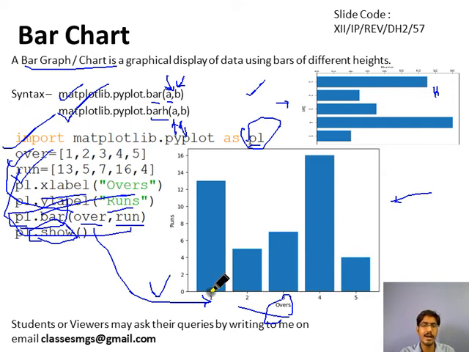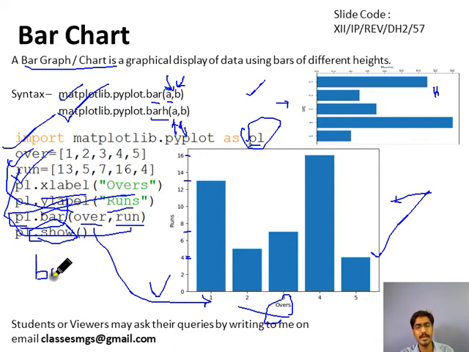In the first over, how many runs were scored? 13 runs. In the second over? 4 runs. In the third over? 7 runs. In the fourth over? 16 runs. And in the fifth over? 4 runs.